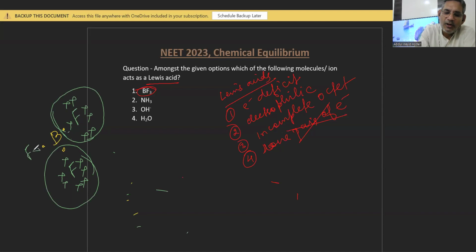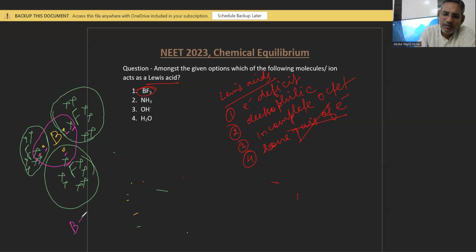See here, this unpaired electron of fluorine will overlap this one, this will overlap this one, and this unpaired electron will overlap this one. In this way, all the 3 unpaired electrons of boron will get paired.